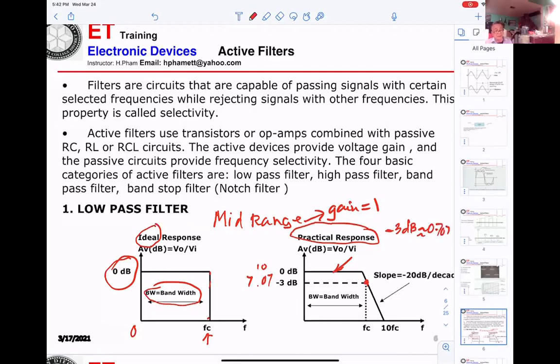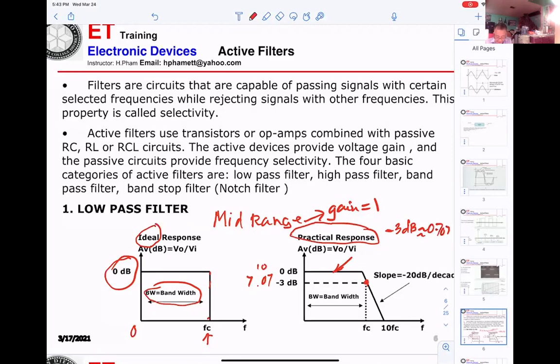You take 20 log of 0.707 and you get minus 3 dB. So if you have 10 volts and it goes down to 70.7%, equivalent to 0.707, then you take 10 times 0.707 and get 7.07 volts. Basically, dB in general can't tell you the voltage directly; you have to calculate it.